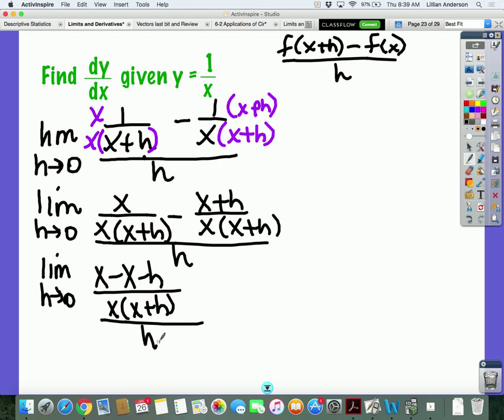Everybody still with me? So at this point, the x's cancel out, and you're left with the limit as h approaches 0 of h all over... would it be negative h? That it would be, thank you. Questions up to here?